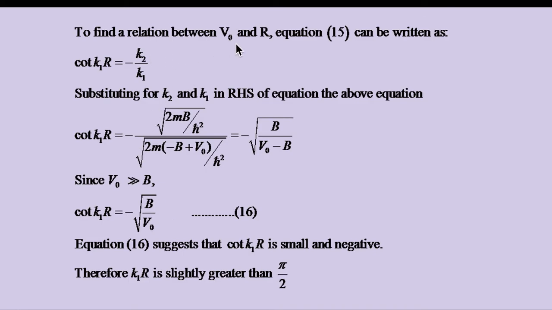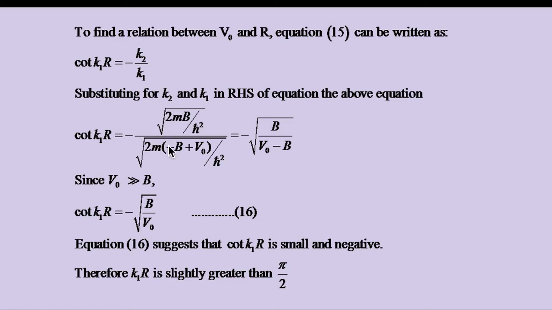Now, to find the relation between V0 and R, we rewrite our equation. We got K1 cot K1R equal to minus K2. Taking this K1 to the other side, cot K1R is equal to minus K2 by K1. Now, in the right hand side, we substitute for K2 and K1.